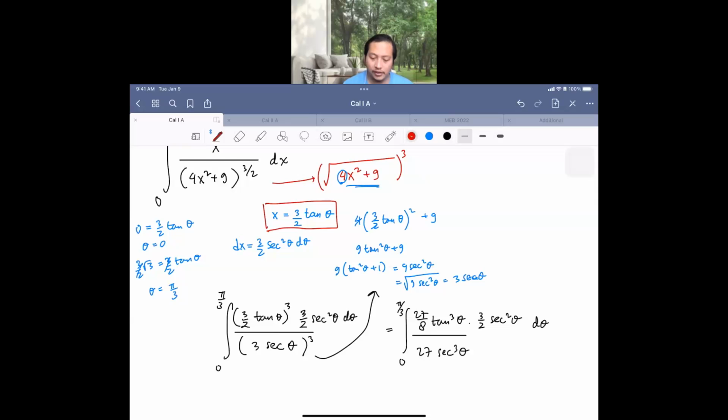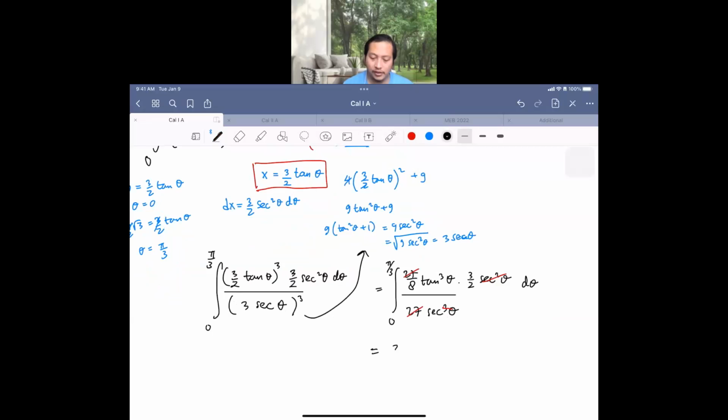We can cancel. Cancel. So we have 3 over 16, right? 3 over 16 tangent cube theta secant theta d theta.